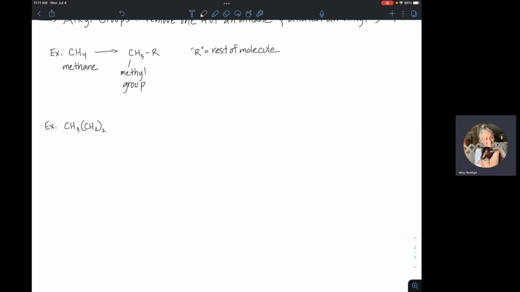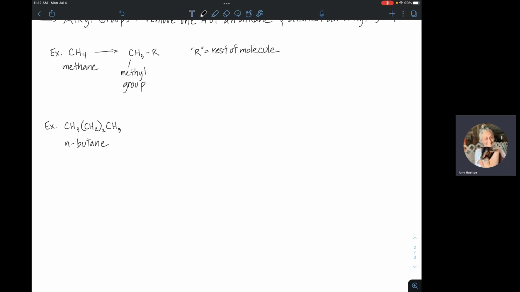And by the way, if you're wondering, that little n stands for normal, which, there's no such thing as normal, but in organic chemistry, when you see that little n, it means it's just the straight chain.